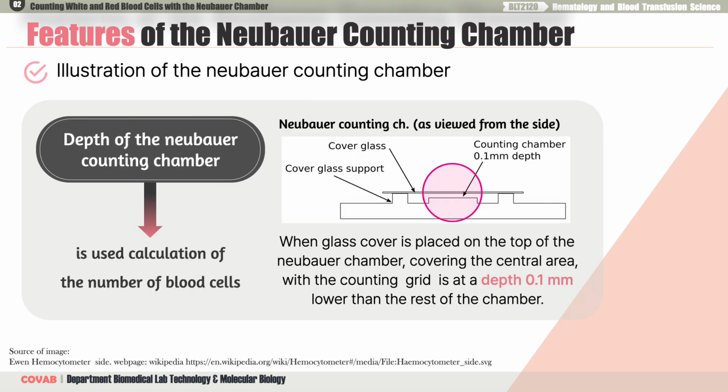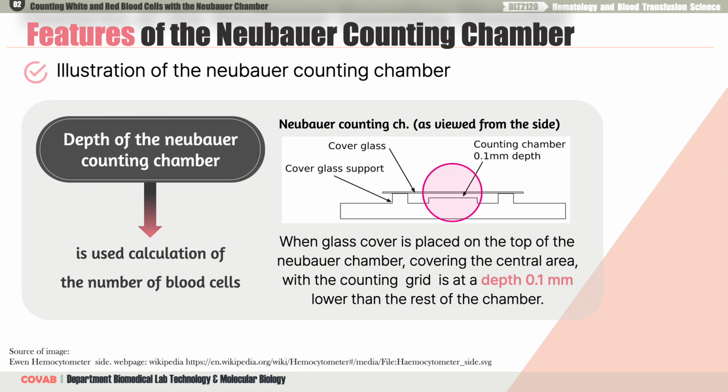So let's look at the cross-section of the Neubaur counting chamber, and we want to highlight the depth of the Neubaur counting chamber, which is used in the calculation of the number of blood cells. On the right, we see a cross-section of the Neubaur counting chamber with a cover slip covering it.